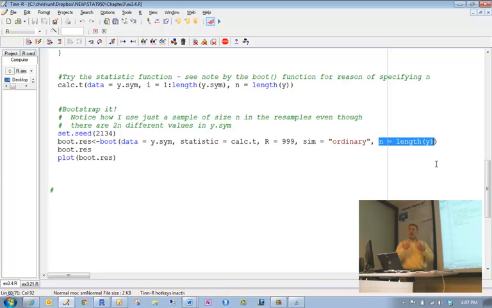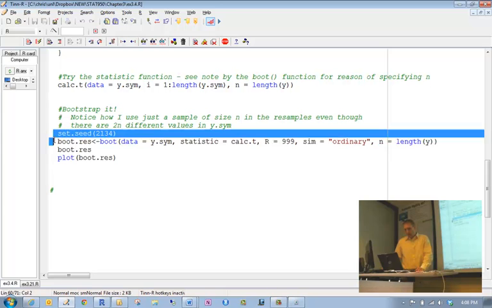And remember, you do have that option that you can put arguments that are not actually specified in boot, put it in there so that they can be passed along to some other function and ends up being called.